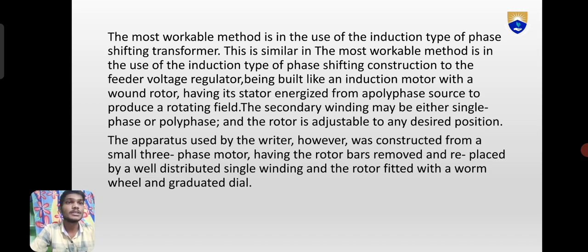The secondary winding may be either single phase or polyphase. The apparatus used by the writer, however, was constructed from a small three-phase motor, having the rotor removed and replaced by a well-distributed single winding.